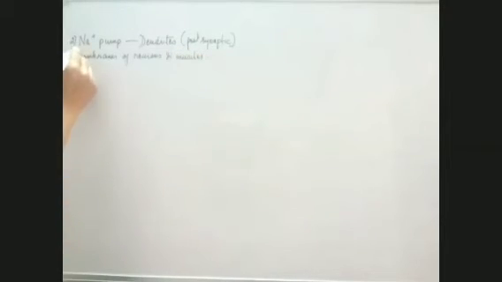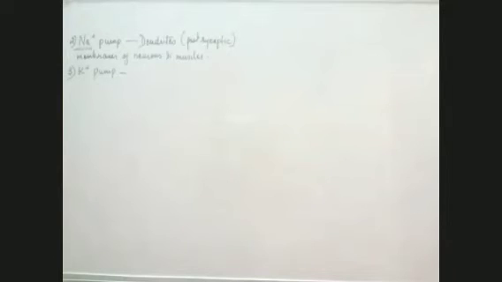Here just the movement of one substance, one ion, takes place, and that is sodium. Only sodium moves. Then the third one is the potassium pump. What is this potassium pump?